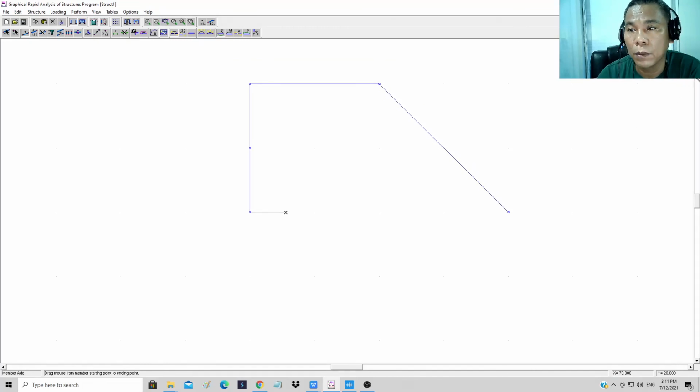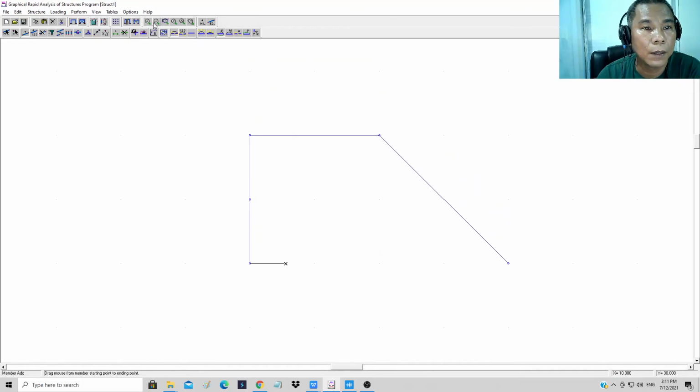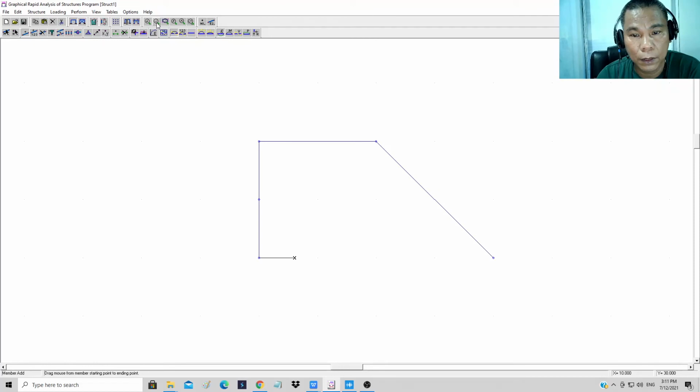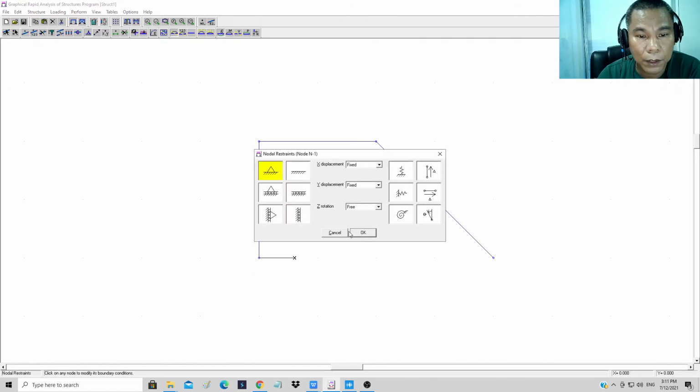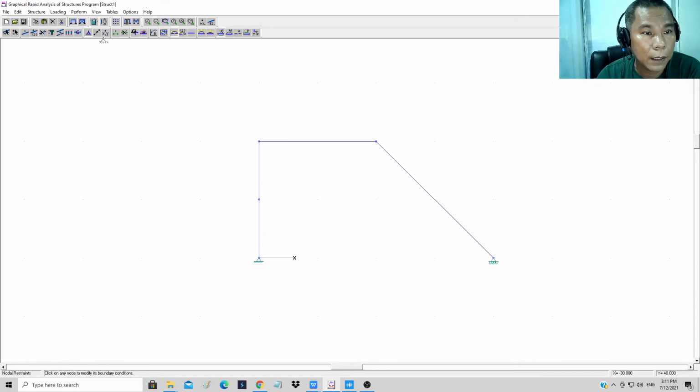We can zoom out or zoom in this one. Let's zoom out. Yeah. Then the support here is a roller support. And the support here is a roller. And again, if you want to check the dimensions, you can just add the dimensions. Here we have 20.